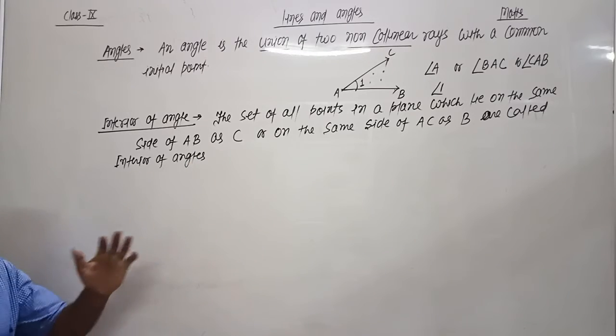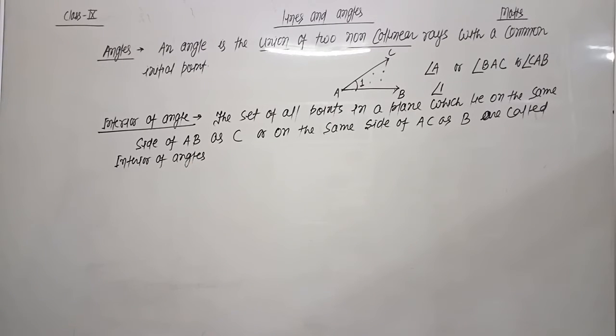So the set of all points in a plane on the same side of AB as C, or on the same side of AC as B, is called the interior of the angle.